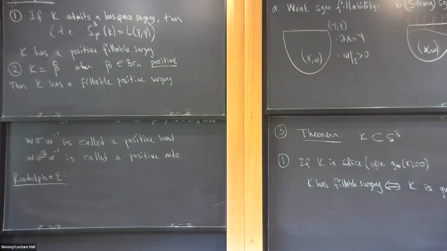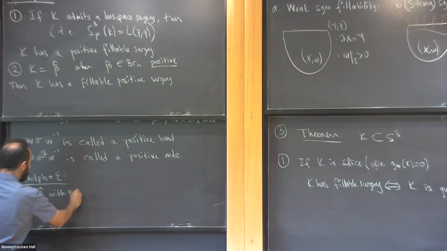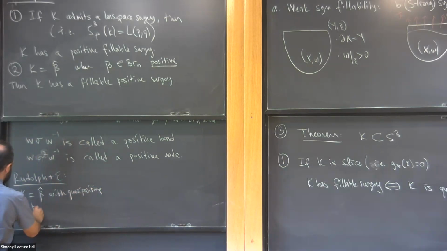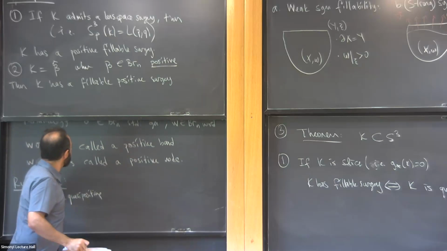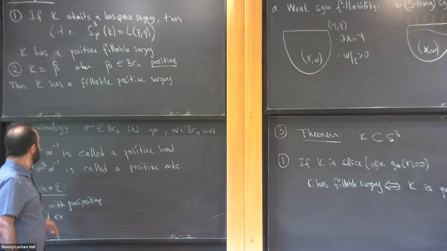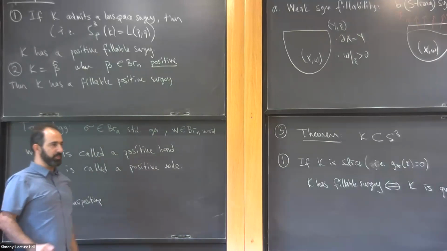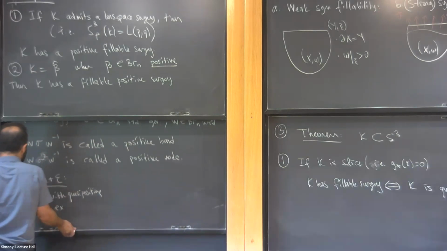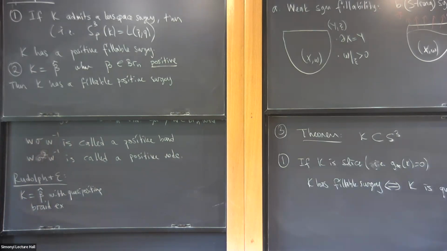If you start with a K, which is the closure of a quasi-positive braid, where sigma would be standard generators, yes, just a standard generator. So if you start with a quasi-positive braid, you look at the braid expression.